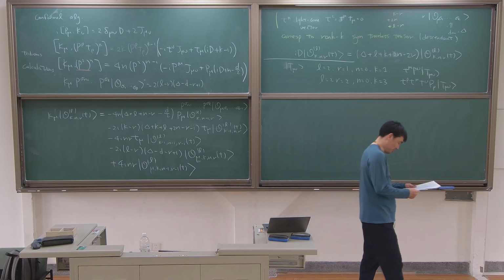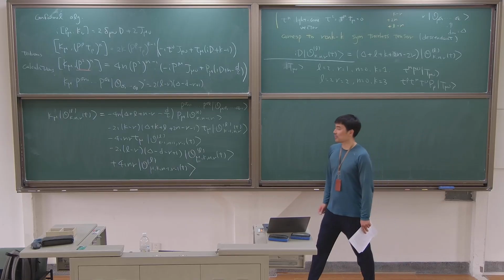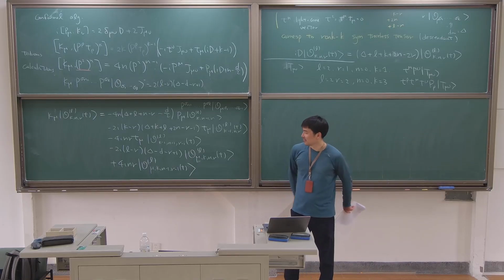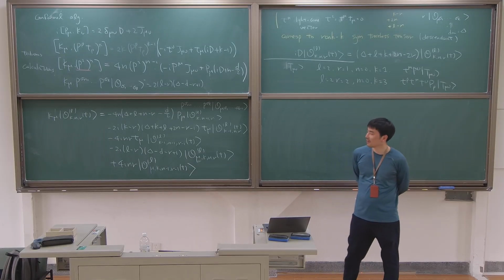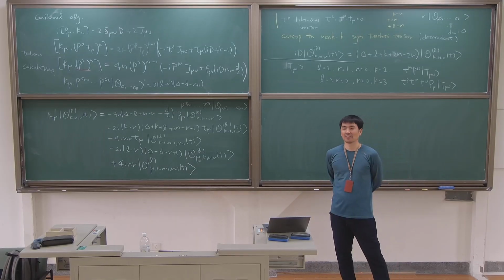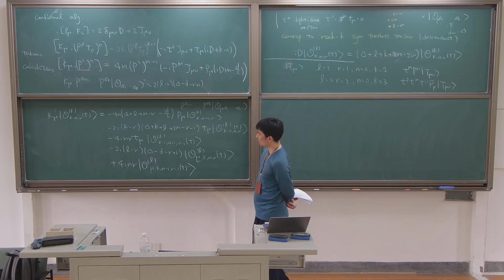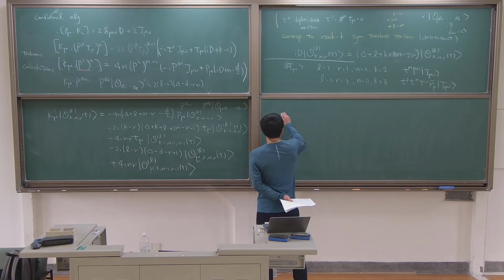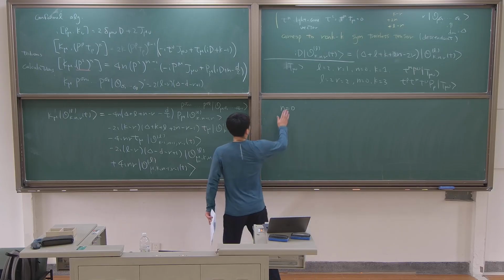What's the best way to do? First thing to do is what? If I look at this formula, the first thing I should do is set n equal to 0. I will set this n equal to 0. Okay.